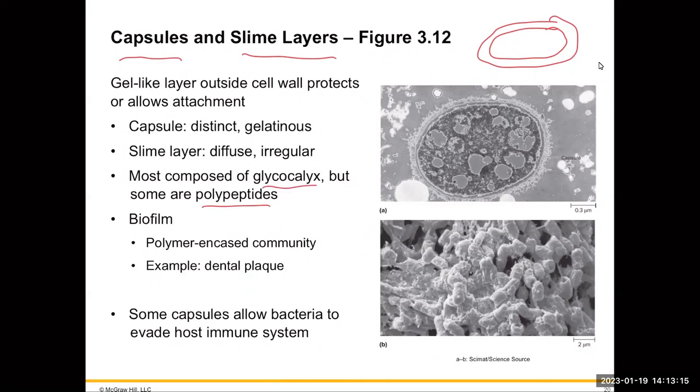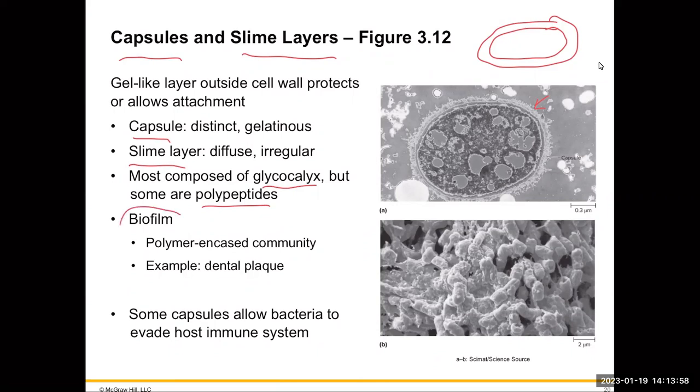So it's a gel-like layer outside the cell wall, and it helps protect the bacteria inside, and it also makes them sticky so they can attach to something. So like if it gets in your nose, it could get in your respiratory tract and stick because of this capsule. Okay, so capsules, you can usually see they're very distinct. Kind of like in a negative stain slide, you can see the capsule, but then some of them have a more diffuse, irregular kind of layer around them, and they call those the slime layer.